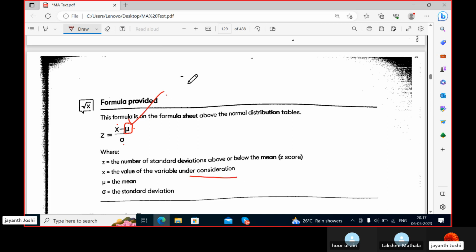Let's say the average height is 6 feet. Sorry, not percent, extremely sorry.